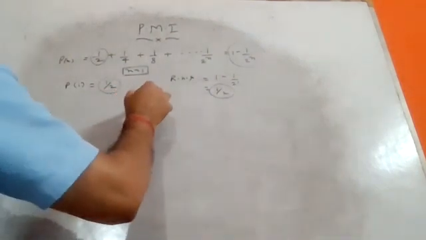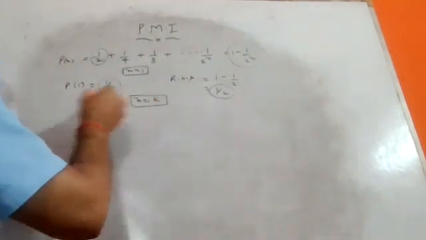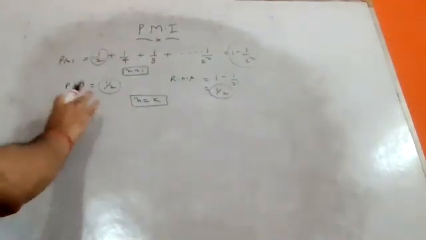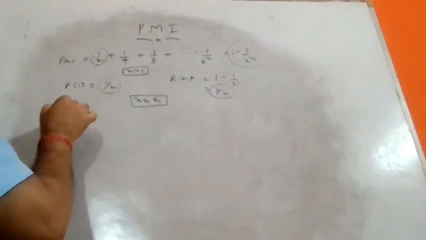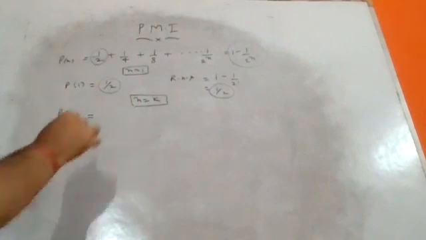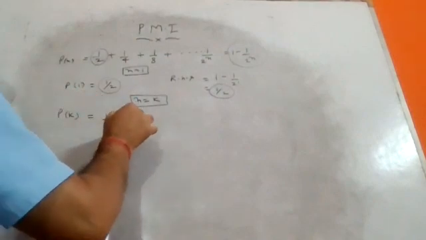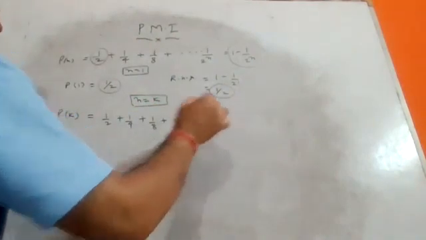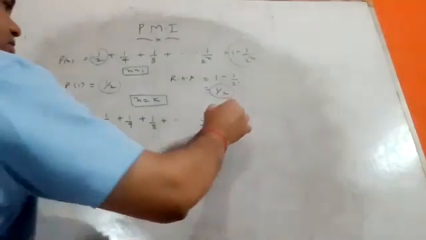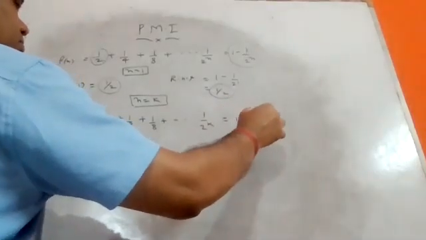Now we are proceeding to n equal to k. So the language is: let it be true for n equal to k. This is the proper language. In place of n, we are putting n equal to k. So 1 by 2 plus 1 by 4 plus 1 by 8 up to 1 upon 2 raised to power k is equal to 1 minus 1 upon 2 raised to power k.